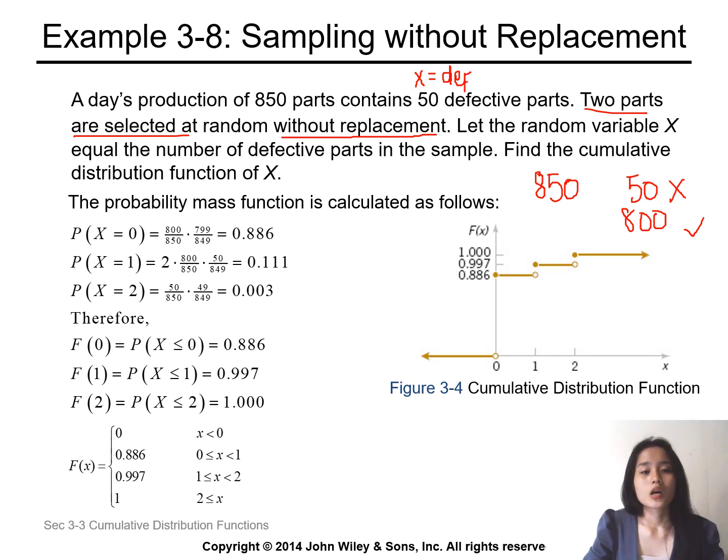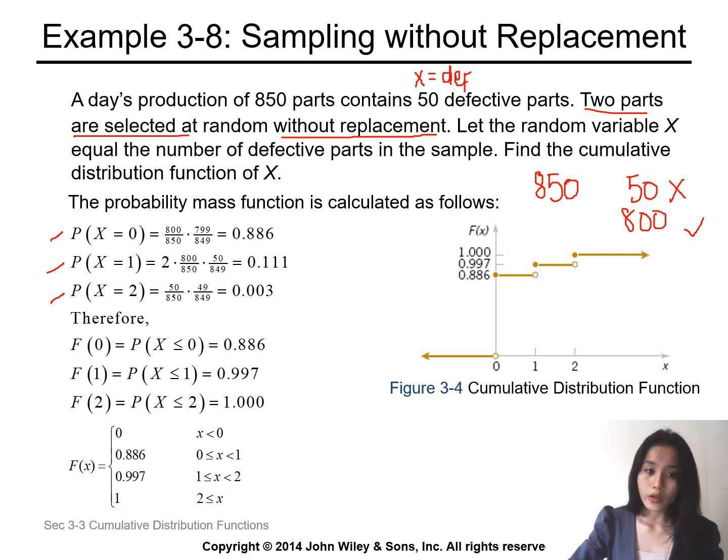So we have three possible cases here: X equals 0, X equals 1, and X equals 2. The probability mass function is calculated as follows. At X equals 0, we got no defective parts, since X is the number of defective parts.